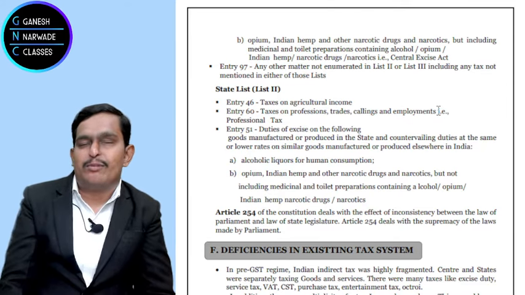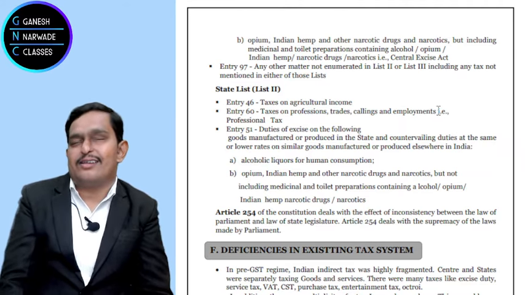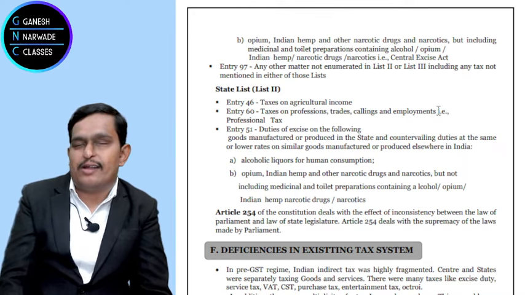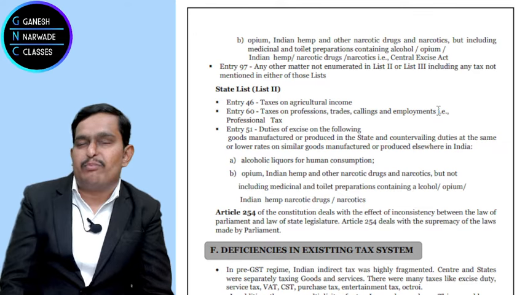But if both can make the law, whose law is supreme? The answer should be found, right? And that's why the constitution itself gives the answer. Article 254 says that if there is a conflict between central and state laws, the central law will prevail. Which law will prevail?